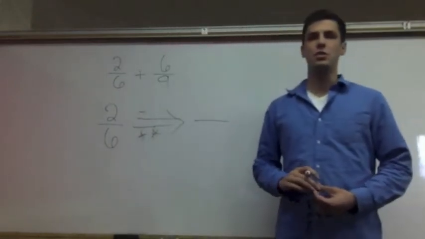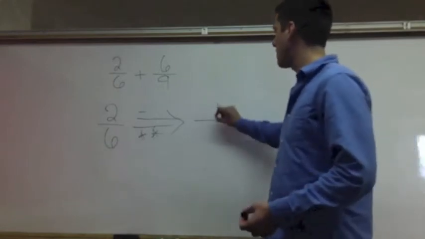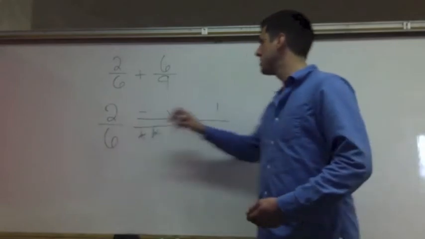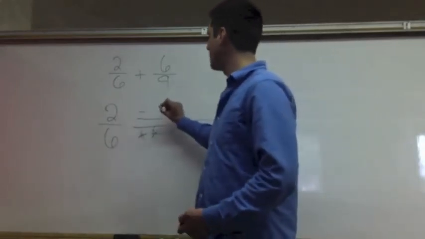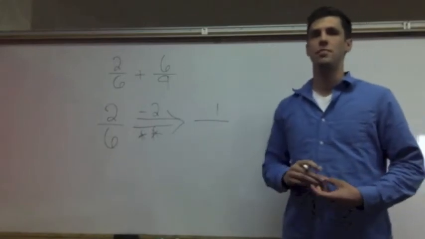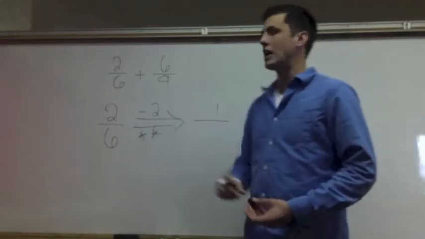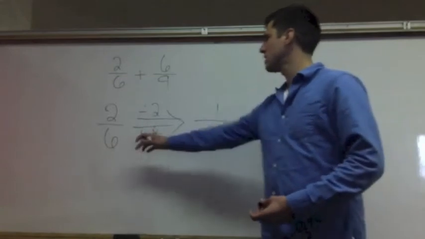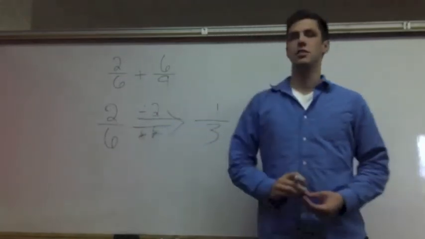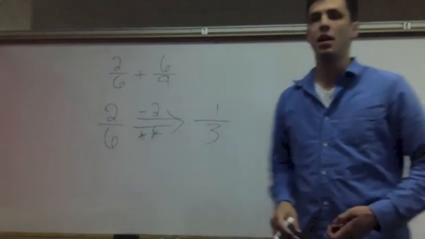So how are we going to make 2/6 smaller? I'm going to put a 1 on top because I know that's the smallest terms that I can go. And if 2 turns into 1, that means our change factor is going to be 2. Why? Because 2 divided by 2 equals 1. If we have a change factor dividing by 2, that means 6 divided by 2 will give us 3. So this fraction is 1/3.